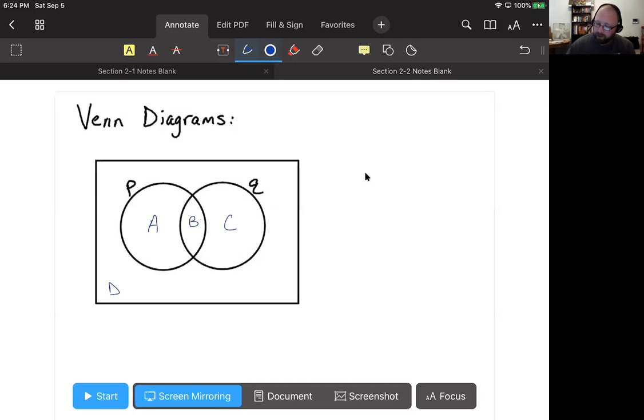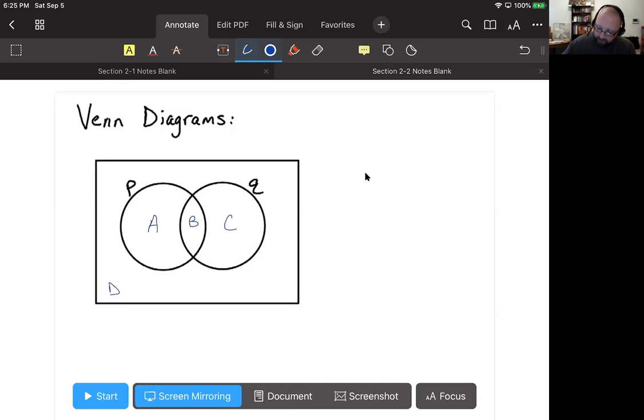Okay. So if we wanted to see all the people, let's say we had something along the lines of a student takes math, a student takes English as our two statements, P and Q. So all the students that take math would be in the math circle. All the students who take English would be in the English circle. Now notice that those two circles overlap.